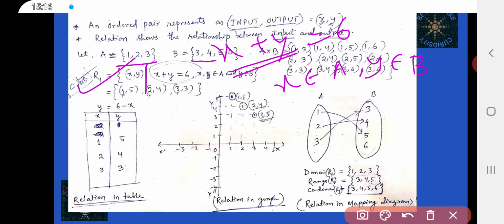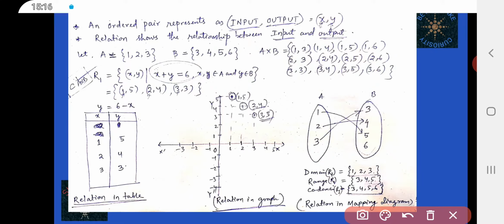So you get the ordered pairs (1, 5), (2, 4), (3, 3). So your relation R1 is this.